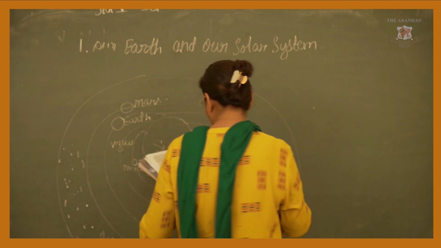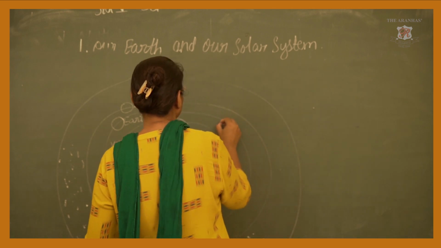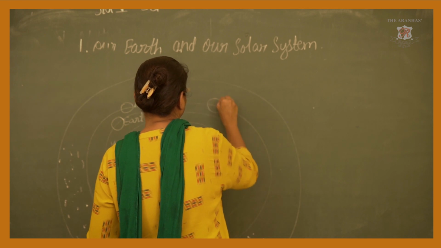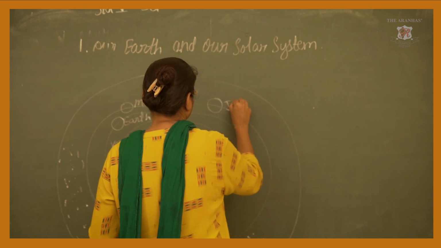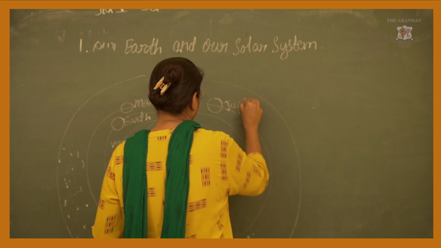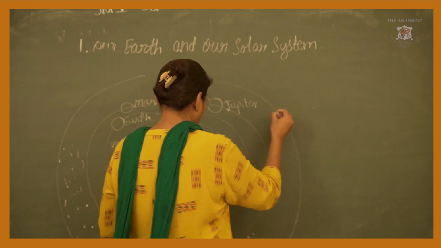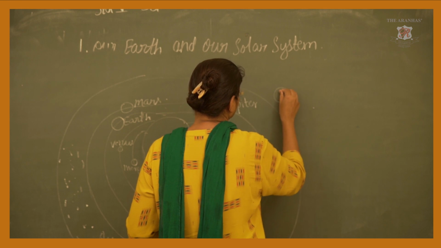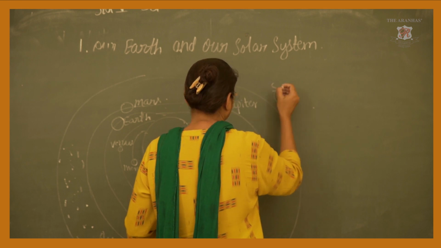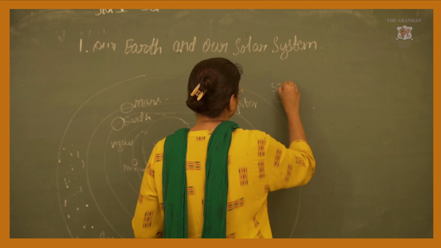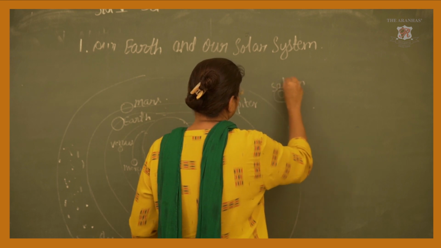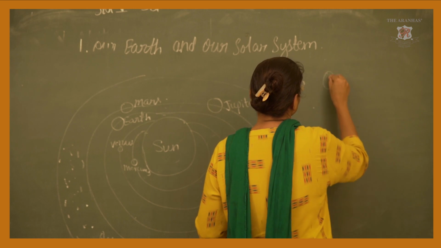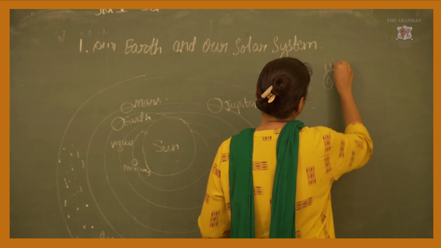Now, what are the planets? Here first you will see Jupiter. Then Saturn. Here is Uranus.